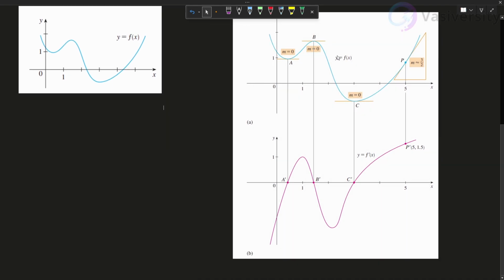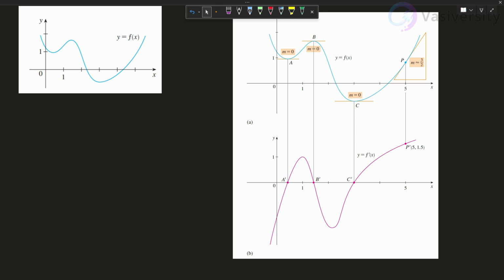So this is our function f of x. These points at which the slope is equal to 0, where we have a line perfectly parallel to the x-axis, are going to be the zeros of the f prime of x function. This is very important, because it gives us some interesting properties of the derivative. What does that mean?